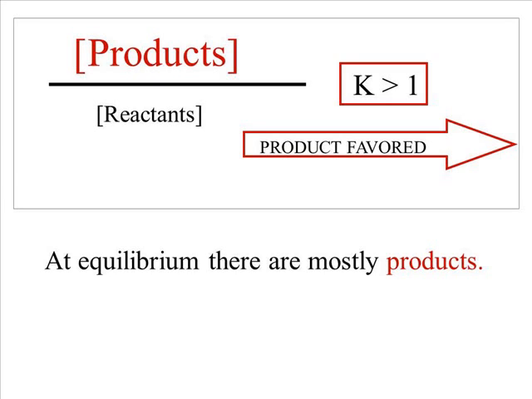Since the ratio is products over reactants, if you have a greater concentration of products over a smaller amount of reactants, you will have a K greater than 1. You will be product-favored. So at equilibrium, you have mostly products.